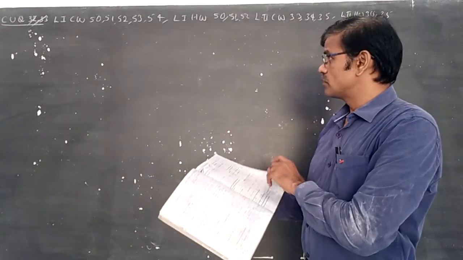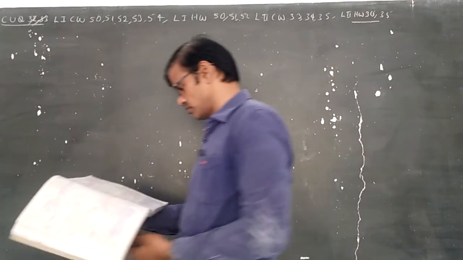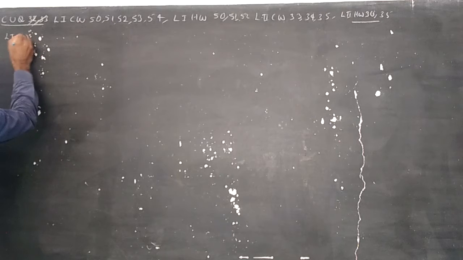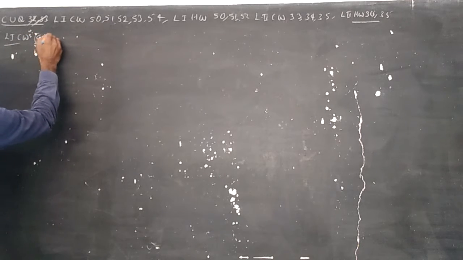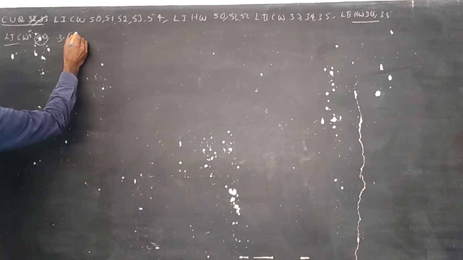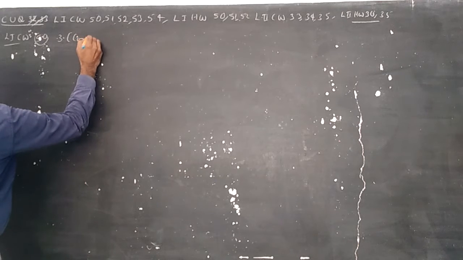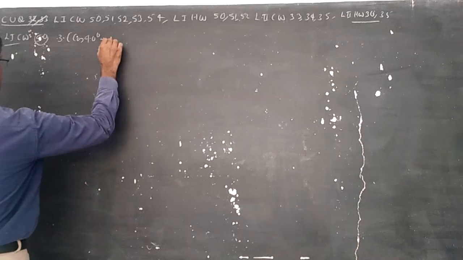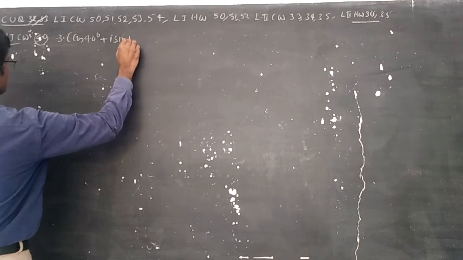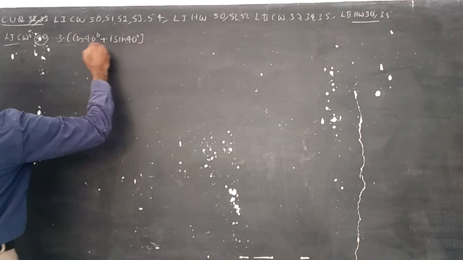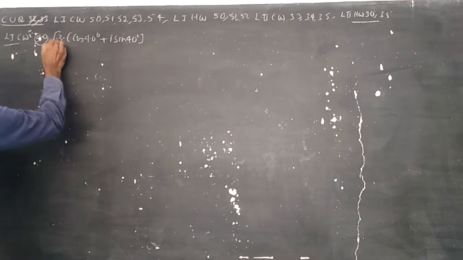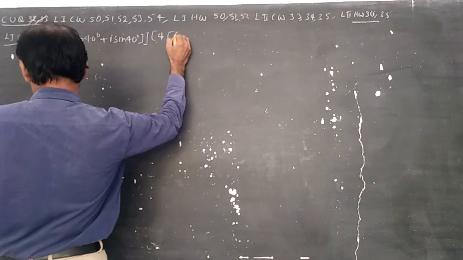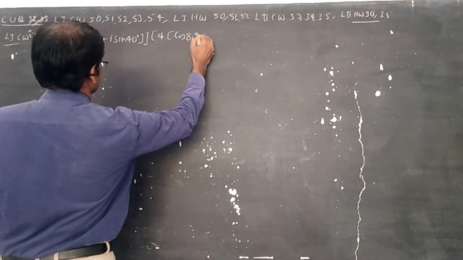Now, level 1 class work, 50th question. 3 into (cos 40 plus i sin 40) within brackets, and 4 into (cos 80 plus i sin 80).